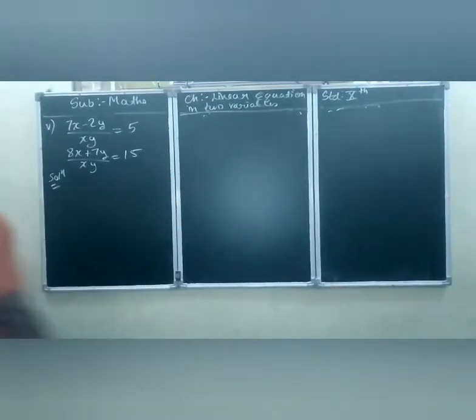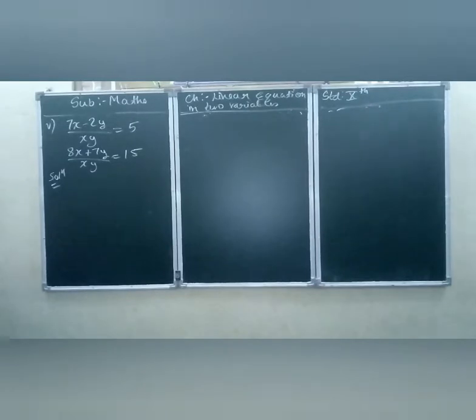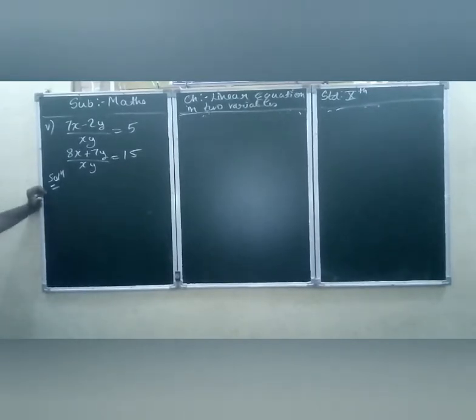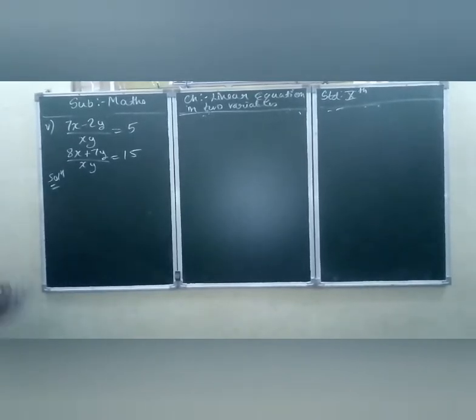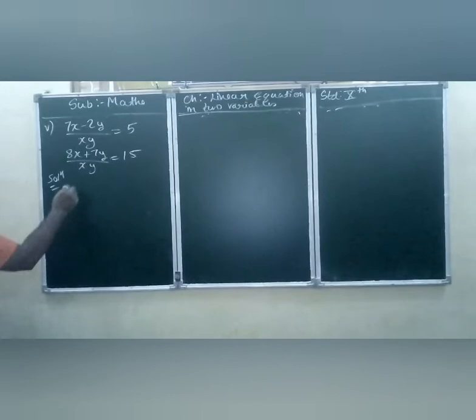So now is question number 5. (7x minus 2y) by xy equal to 5, (8x plus 7y) by xy equal to 15. Now this question we will solve a different way.